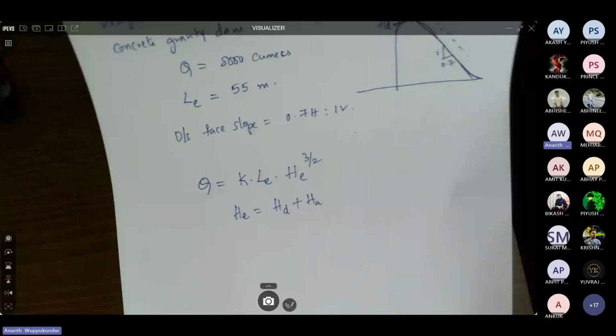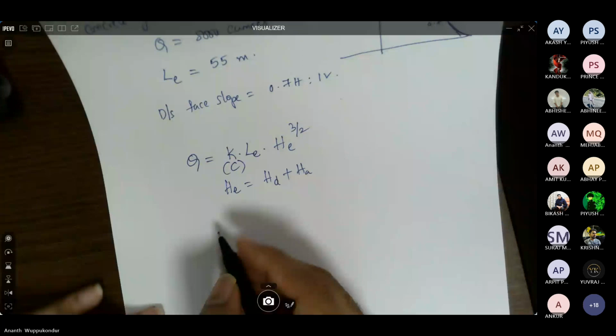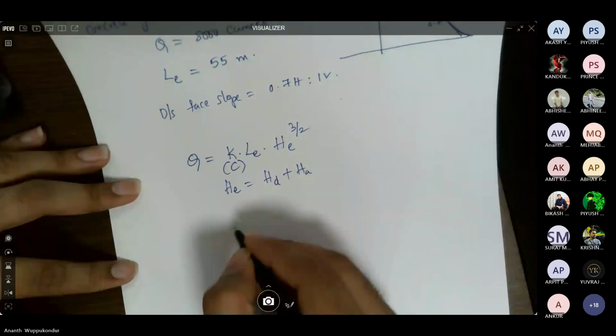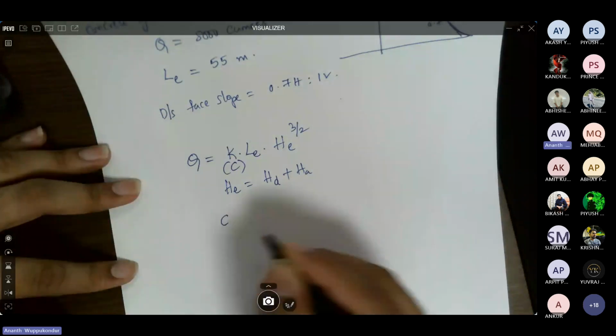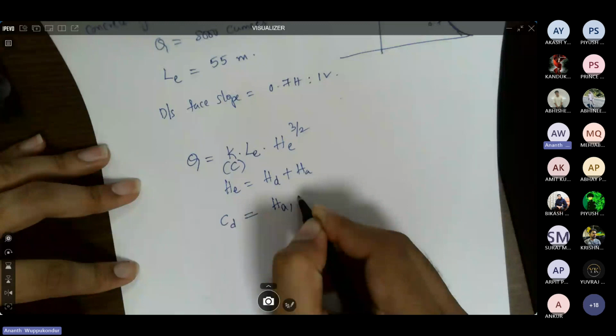Now the coefficient K, or you could say the coefficient C, the coefficient of discharge, is dependent on the velocity head and the hydraulic head, or in turn, it is dependent on the total head as well.